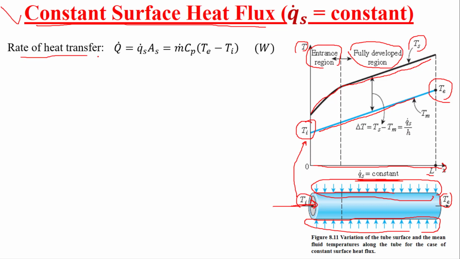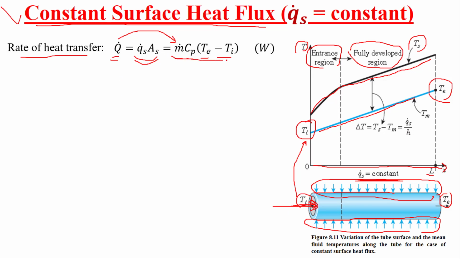The rate of heat transfer Q dot to the fluid is equal to the amount of heat entering the tube. So Q dot, the rate of heat transfer entering the tube, is equal to m dot Cp (T exit minus T in).